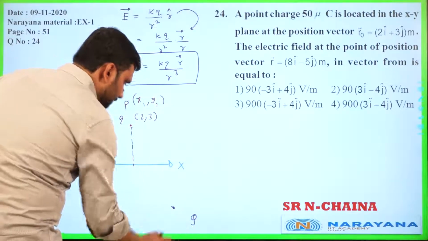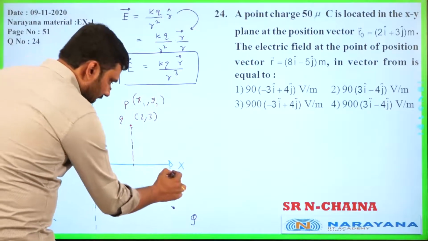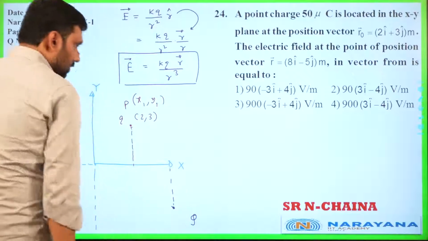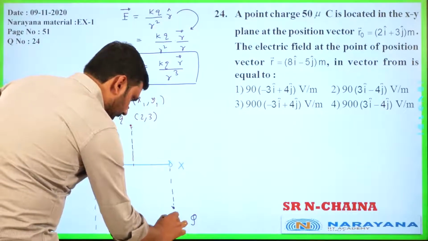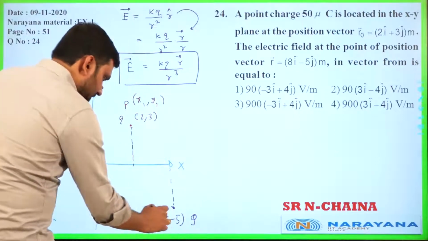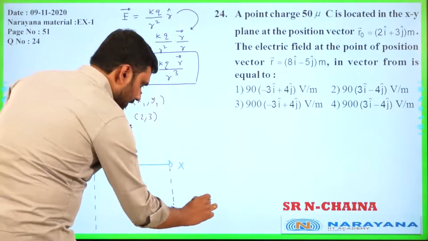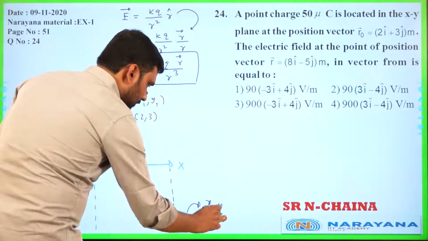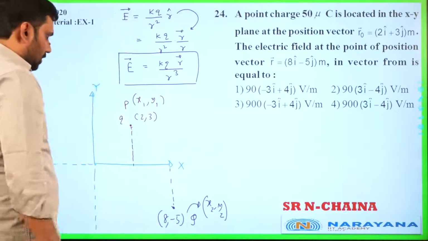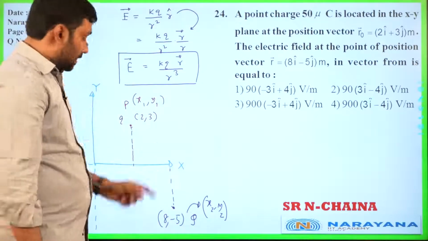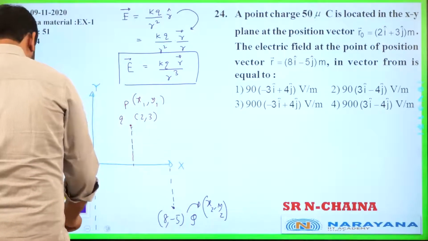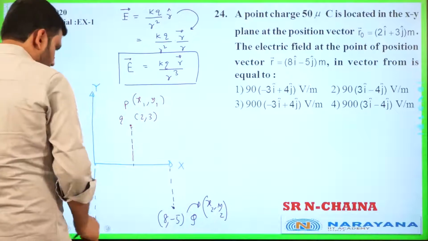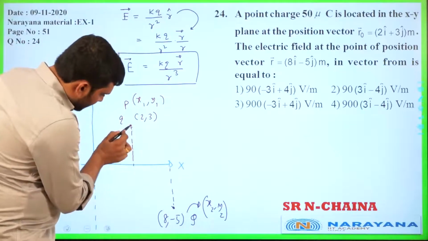So let us say this is Q. So this coordinate is mentioned as 8 comma minus 5. So let us take this as x2, y2. So our R vector is going to be this one. So here in this case, this is going to be R vector.